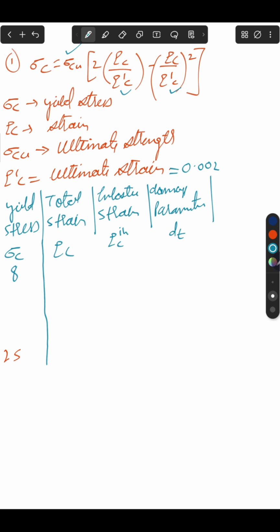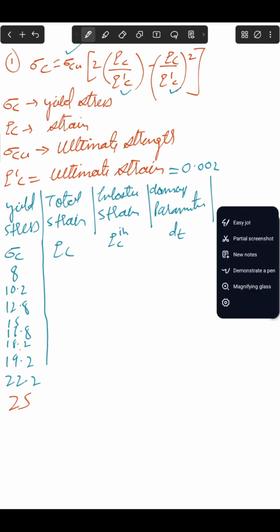First 8, then 10.2, then 12.8, then 15, 16.8, then 18.2, then 19.2, again 22.2, now here 25.